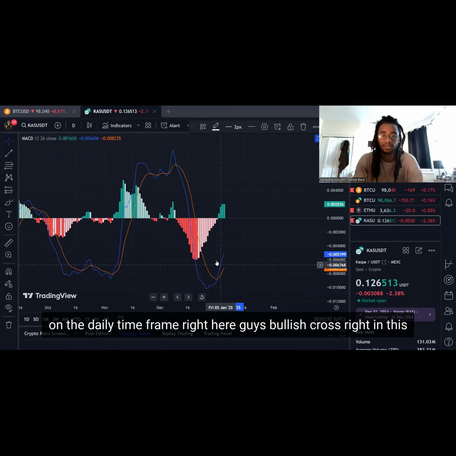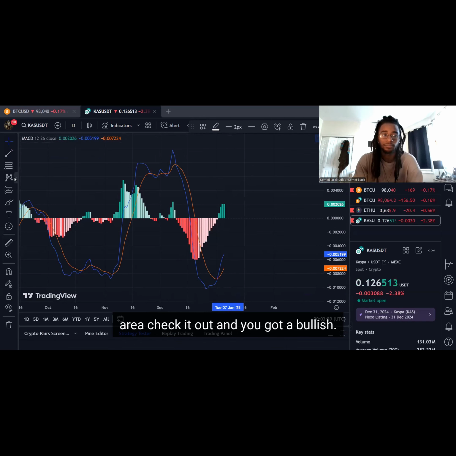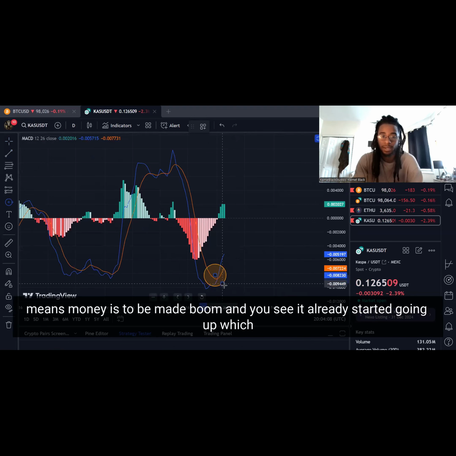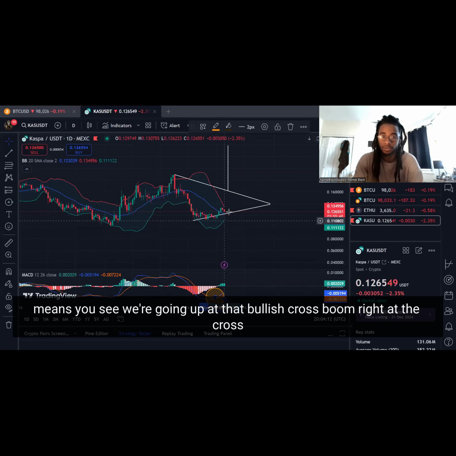Bullish cross right in this area. Check it out. When you got a bullish cross, it means money's to be made. Boom. And you see it already started going up. Right at the cross, it starts going up.